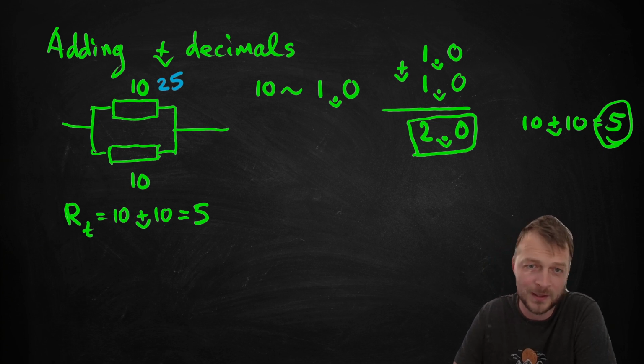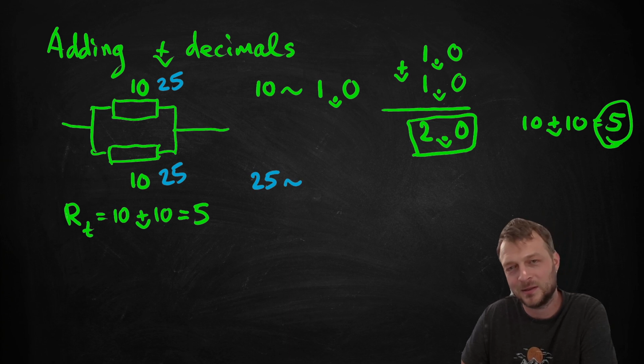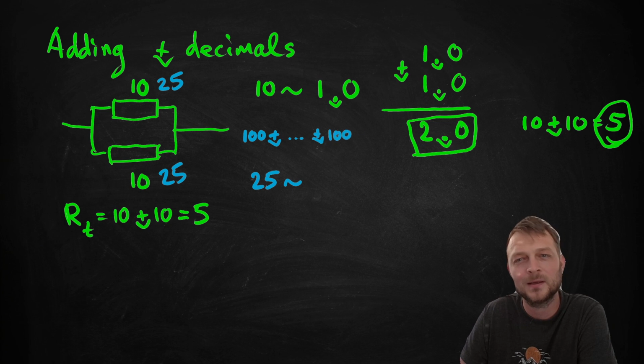25 and 25. So first we need to convert 25 to decimal representation, dual decimal representation. What is dual decimal for 25? Let's notice that 100 added 4 times will be equal to 25.